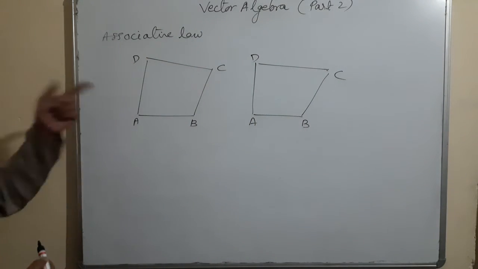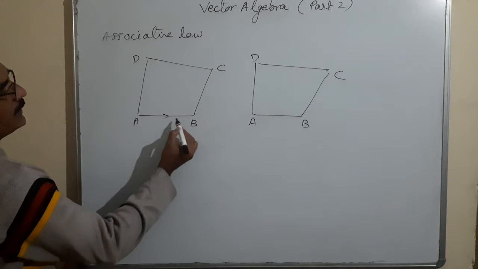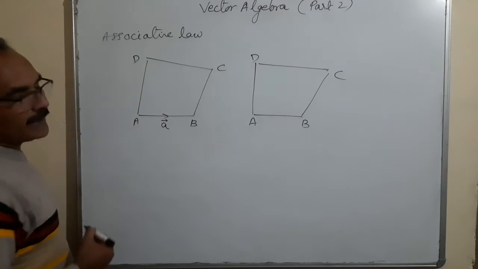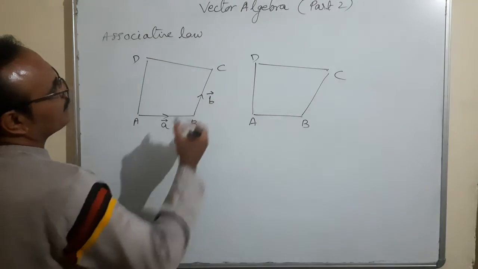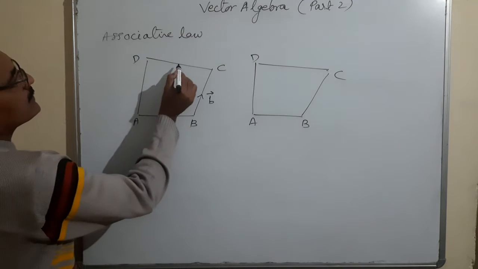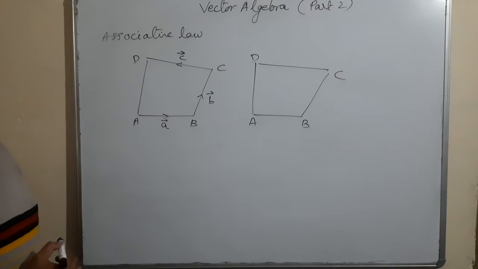Let us see. Starting from point A, AB is considered as vector a, BC is vector b, and CD is vector c.